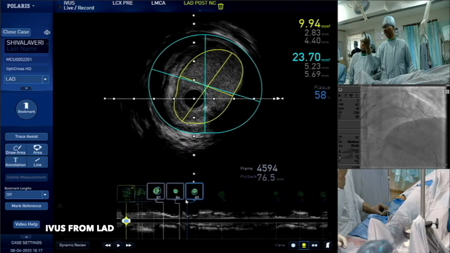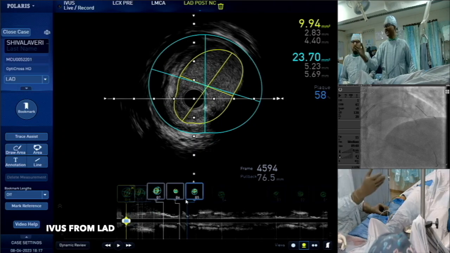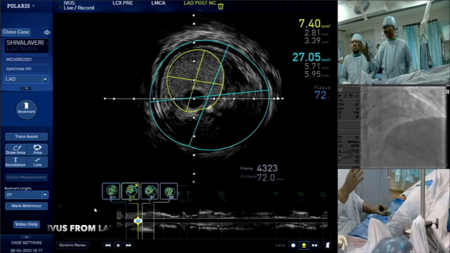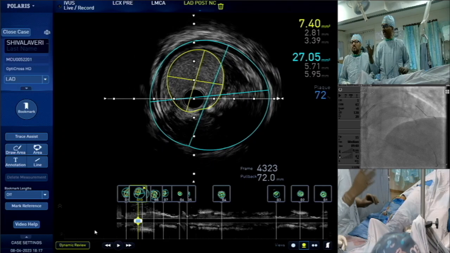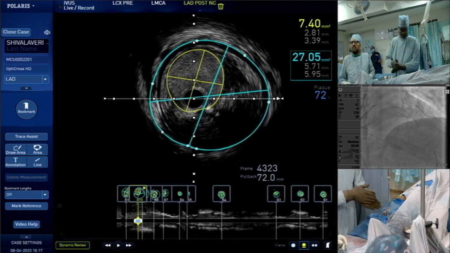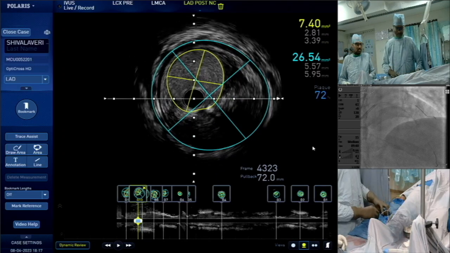And this is 9.9. So as I already discussed, from LCX it is 6.9, from LID it is 7.4, your MLA, right? So now the MLA is 6.9 and block area is 70%. So do we really need to cover it? So that's a big question, which we have to answer. Do we really need to cover this LMCA?